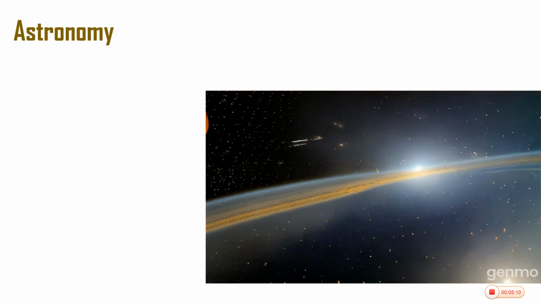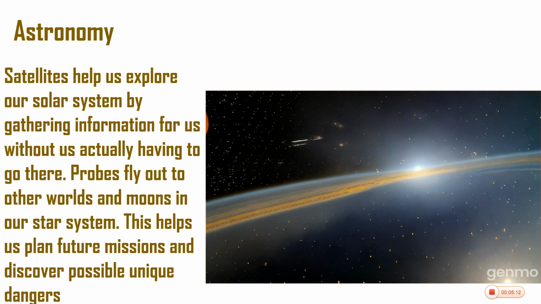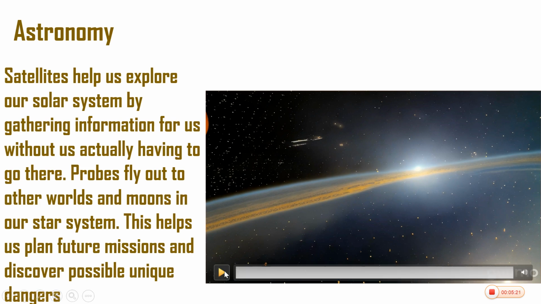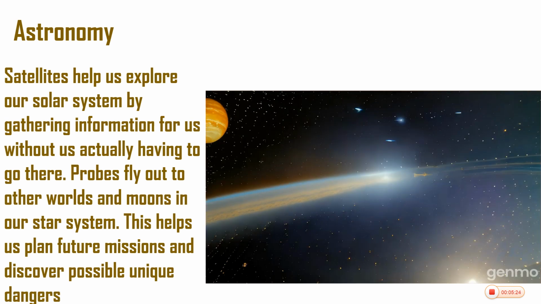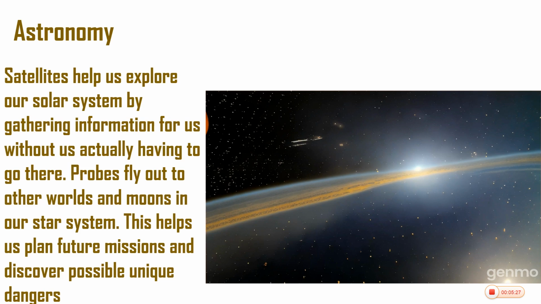Satellite is used in astronomy to explore our solar system by gathering information for us without us actually having to go there. The probe fly to other worlds and moons in our star system. This helps us plan future missions and discover possible unique danger.